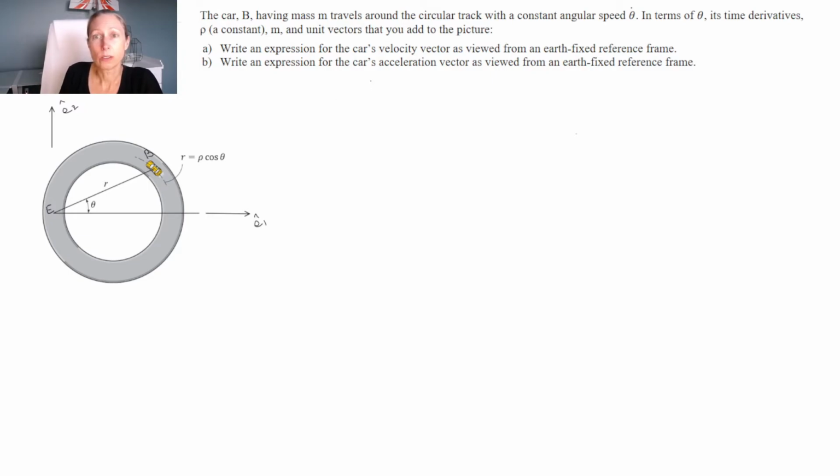Now, for this approach, I'm just going to use the basic kinematic equation. And so I'm going to start with the velocity of B with respect to E is the derivative of the position of B with respect to E with respect to time. I'm going to take that in the E reference frame, but we're only working in the E reference frame, so that really goes without saying. So I just need an expression for the position vector.